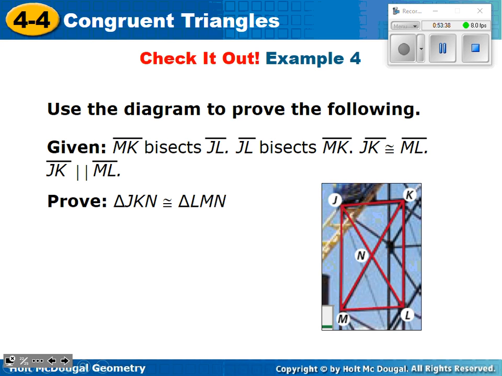So now we only have 3 sides marked congruent. We don't have any angles marked congruent, but we do know JK is parallel to ML. So before we go anywhere different, I want to start with just that. What do I now know if this line, and be careful, we only have one pair of parallel lines, if this line is parallel to this line from last chapter?